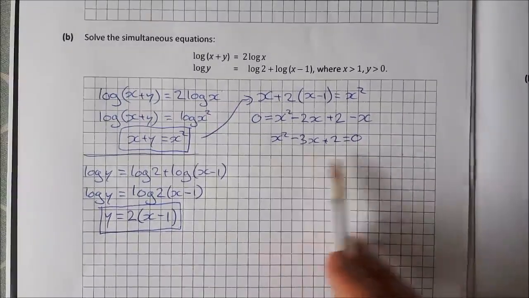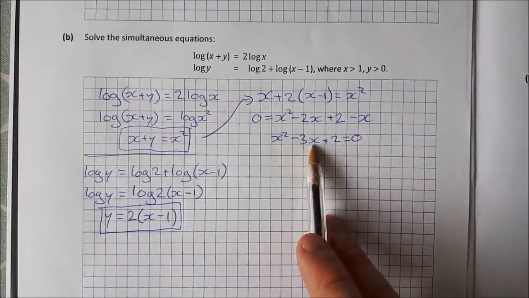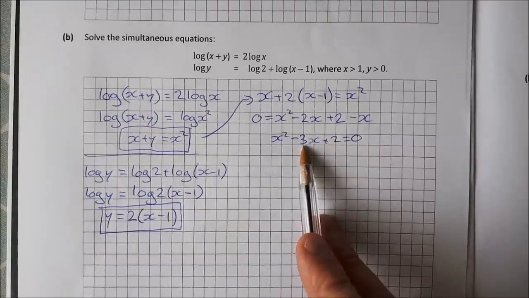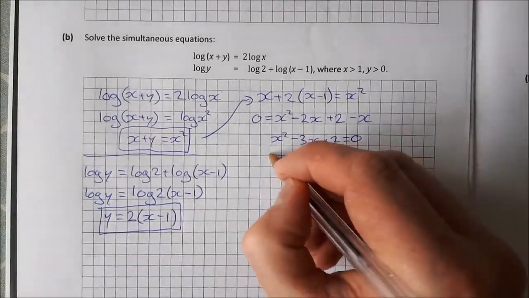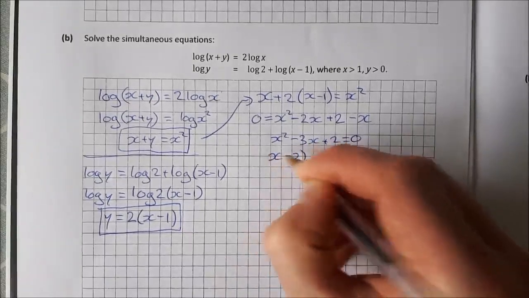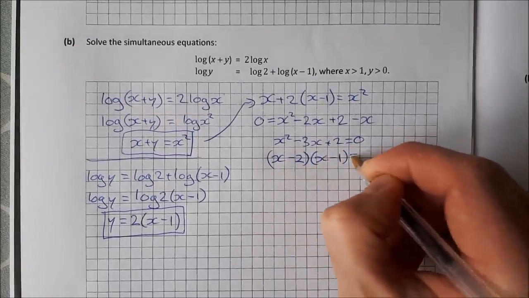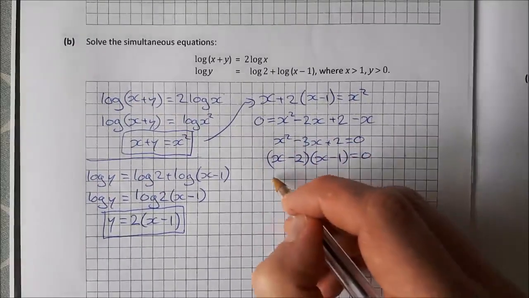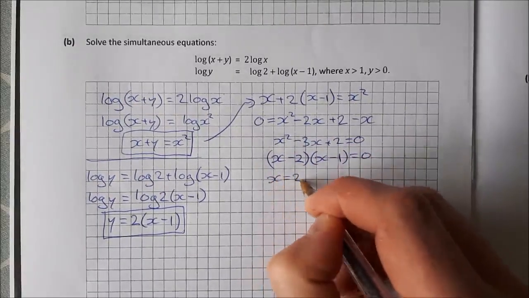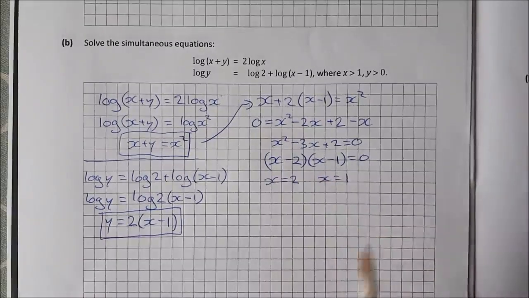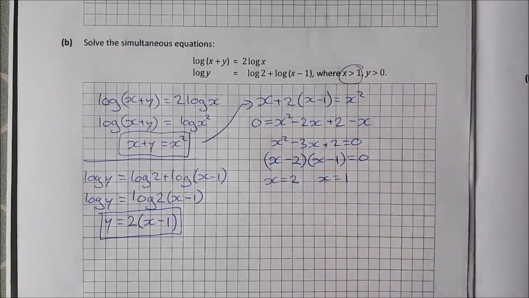Okay, so to factorize this, x squared minus 3x plus 2 is equal to 0. Factors of 2 that add together to give you minus 3. That's going to be x minus 2 times x minus 1. That's equal to 0. So that means x is equal to 2 and x is equal to 1. Now we're told in the question x is greater than 1.